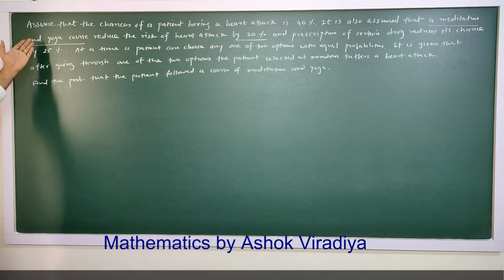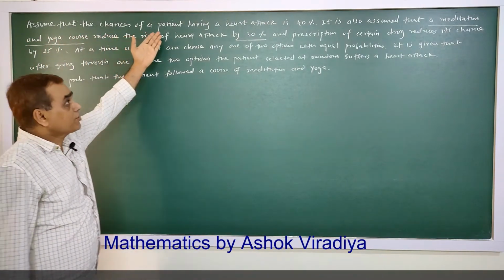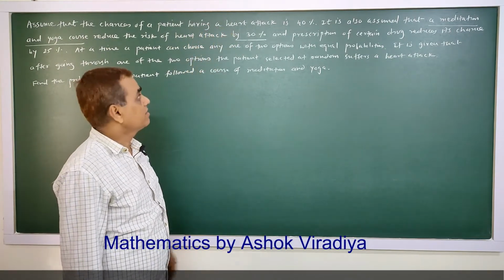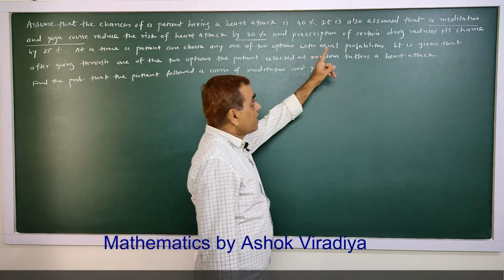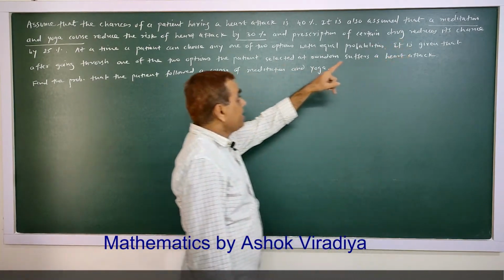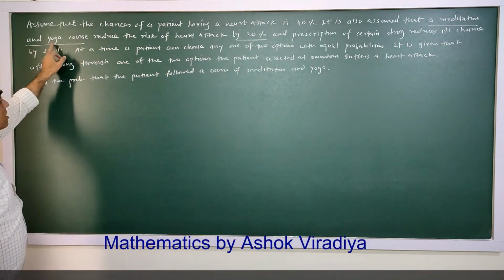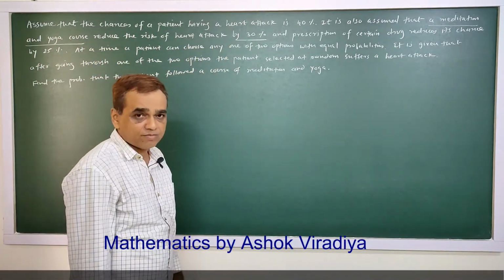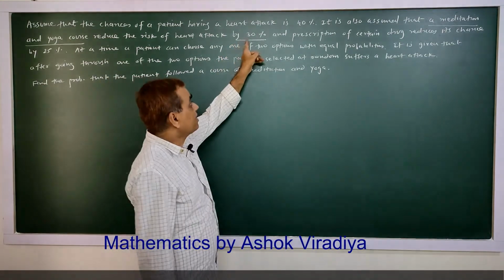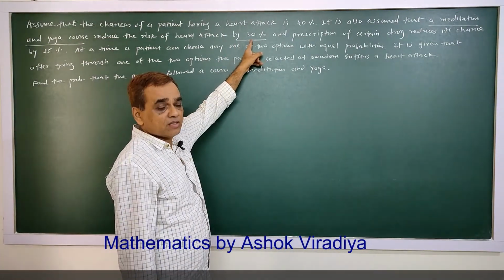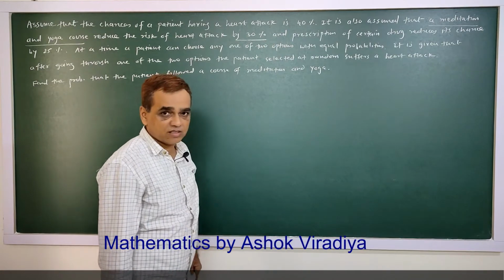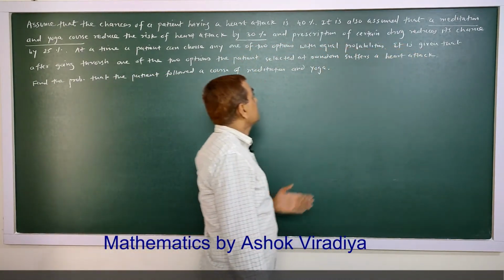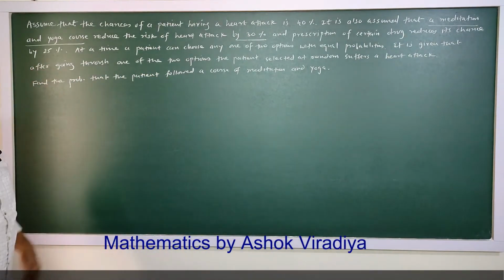Question is, assume that the chance of a patient having a heart attack is 40%. It is also assumed that a meditation and yoga course reduces risk of heart attack by 30%. Say 30% will be reduced, is 30% of 40, and prescription of certain drug reduces its chance by 25%.